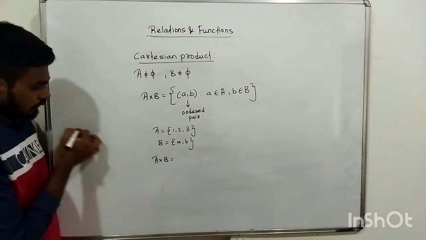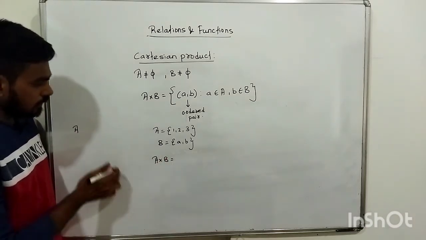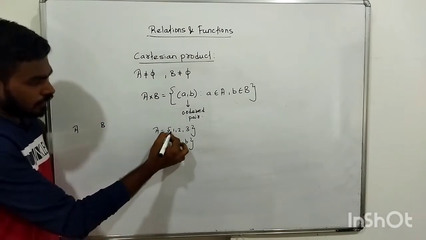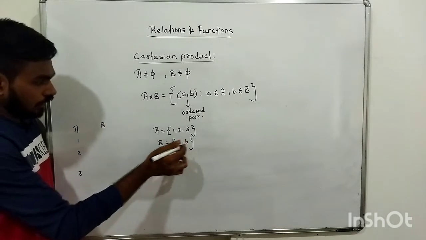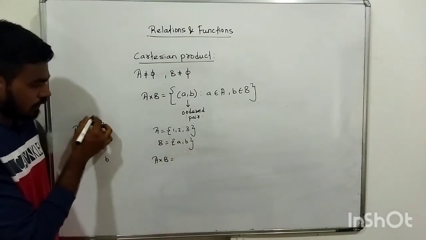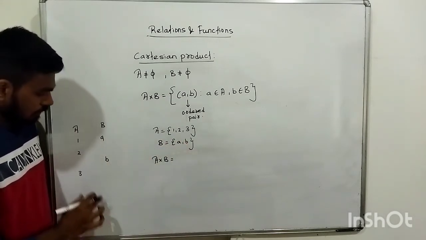First write this set here and then this set here. Here we write 1, 2, 3, and on this side we write a, b.